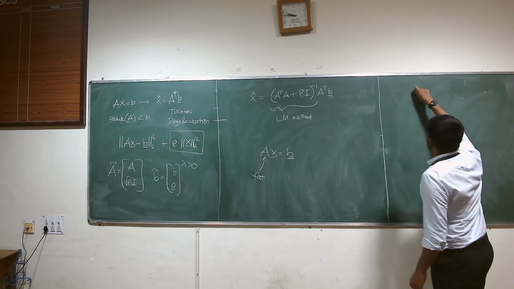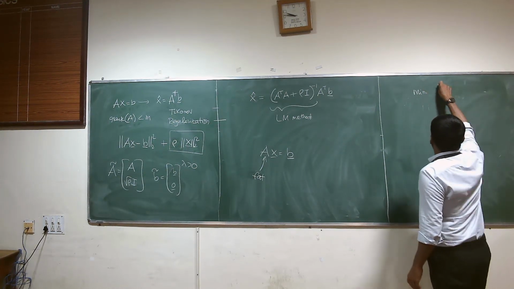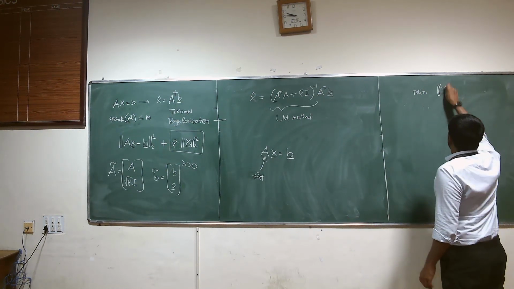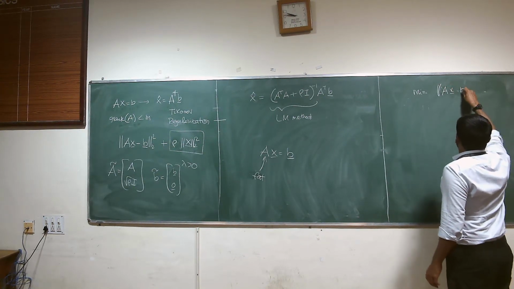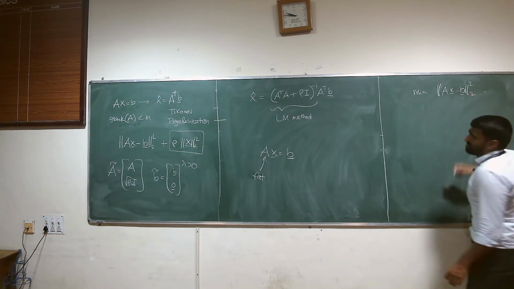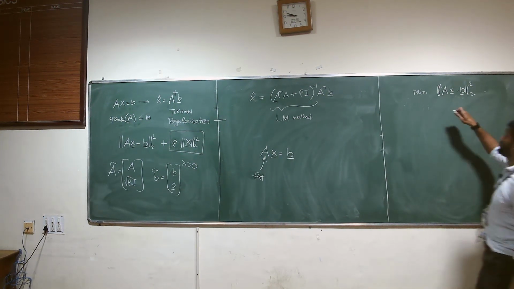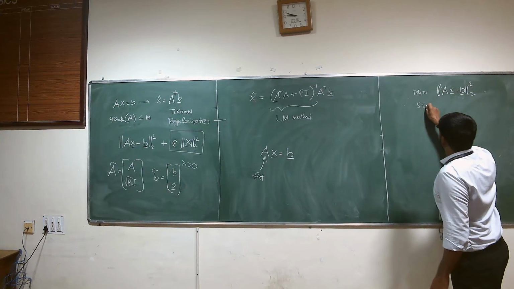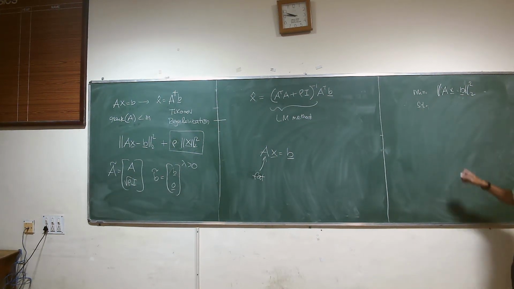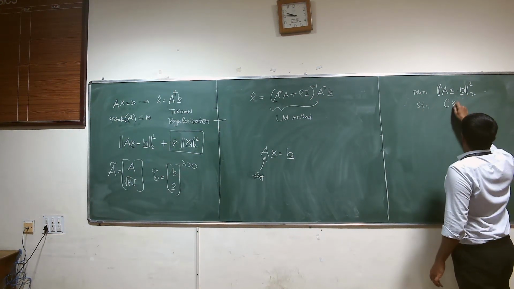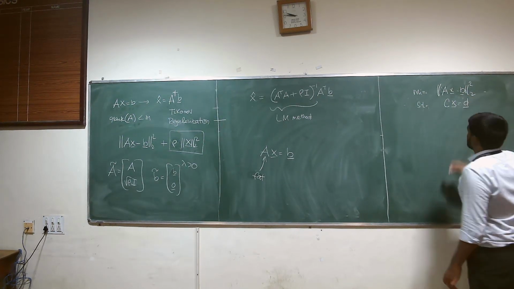And the problem we are trying to solve is essentially minimize this. But it's not an unconstrained problem anymore. There is a constraint. We can only choose those x's that satisfy this.